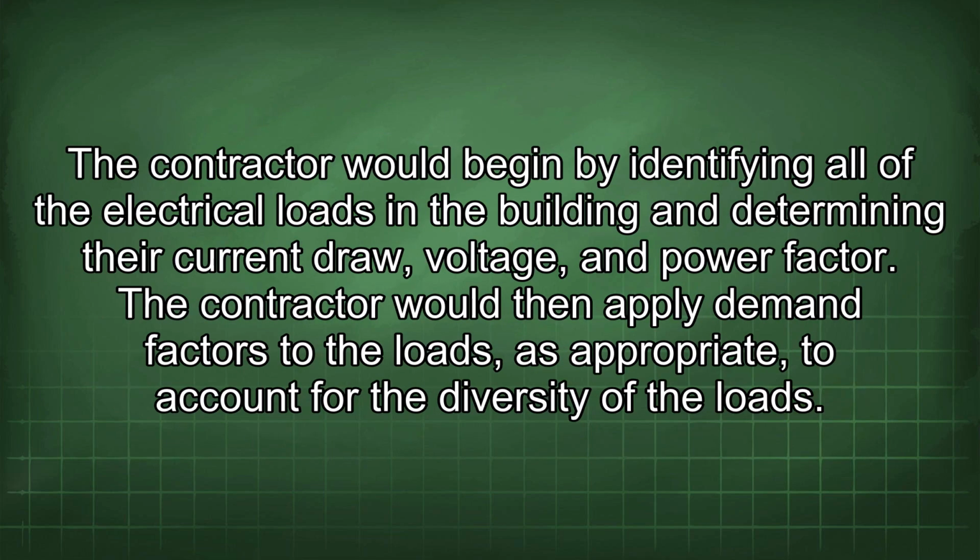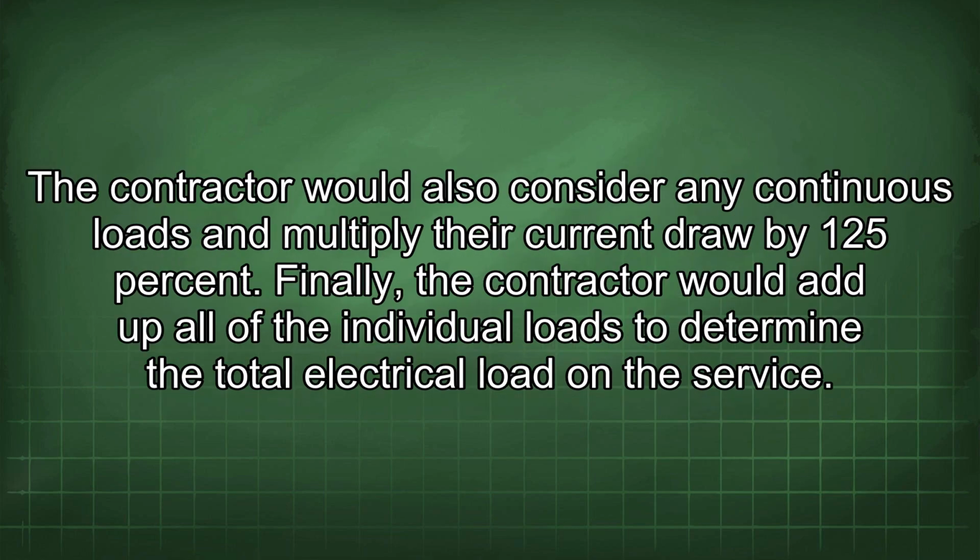The contractor would begin by identifying all of the electrical loads in the building and determining their current draw, voltage, and power factor. The contractor would then apply demand factors to the loads as appropriate to account for the diversity of the loads. The contractor would also consider any continuous loads and multiply their current draw by 125%. Finally, the contractor would add up all of the individual loads to determine the total electrical load on the service.